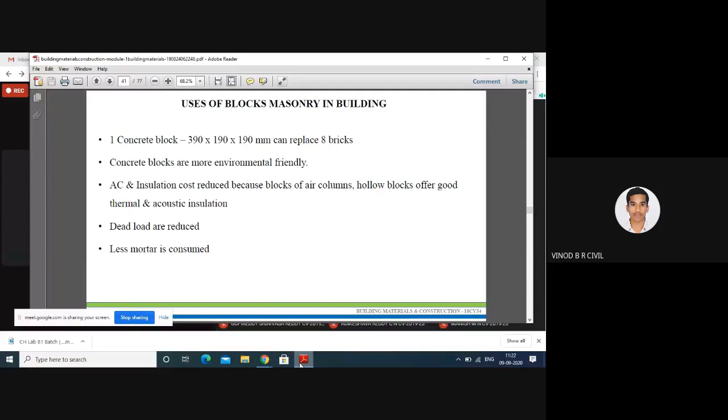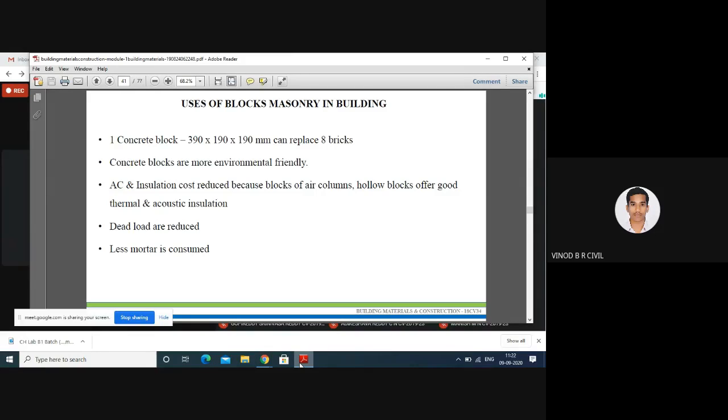For example, red bricks have a burning process, but in cement concrete blocks we can't expect any burning process. Then we can minimize the air pollution.